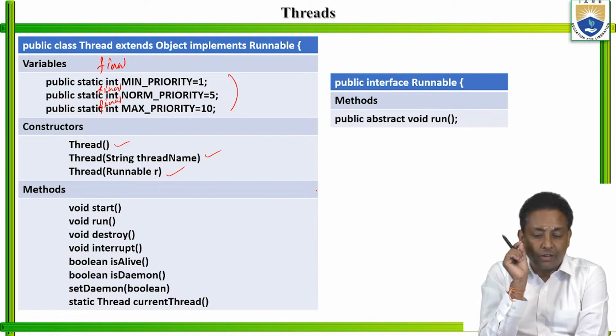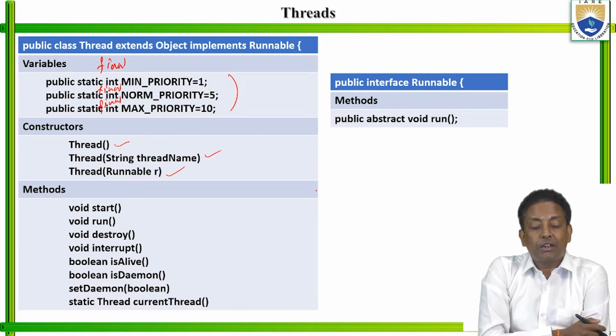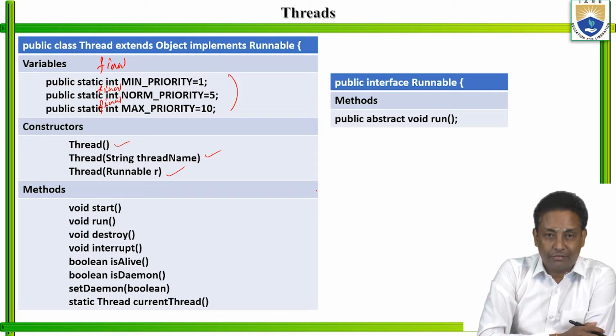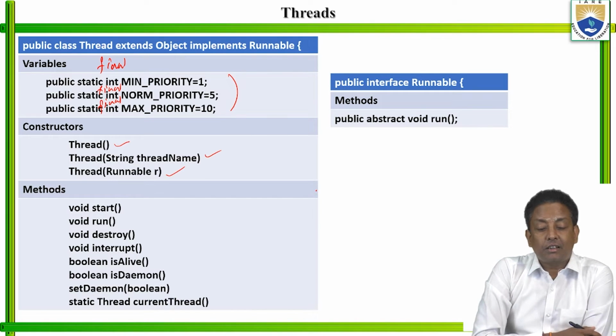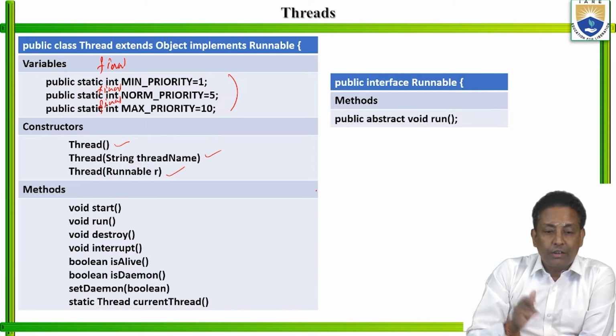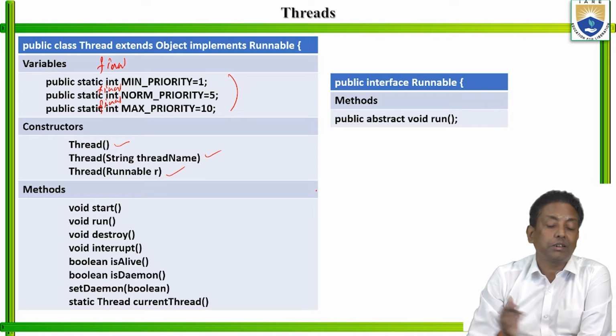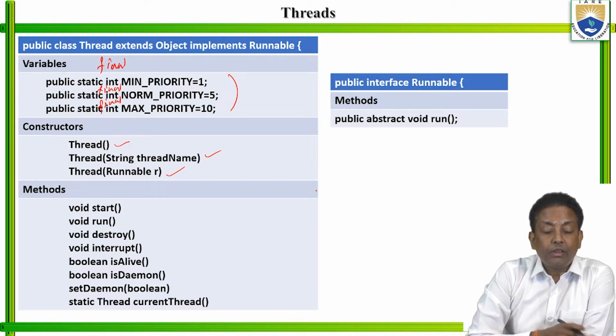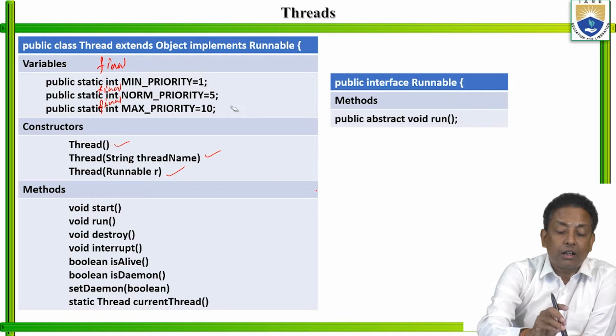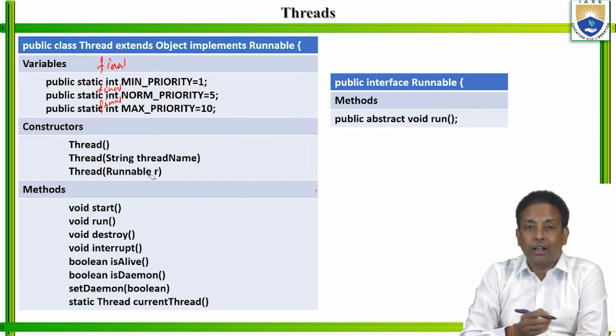I would like to give a brief explanation on where the no argument constructor, the string name argument constructor, and the runnable argument constructor are useful in thread programming, because we cannot discuss the constructors once we enter into the methods, lifecycle functions, and other stuff. So I want to give you a brief introduction on when the thread class no argument constructor is useful.